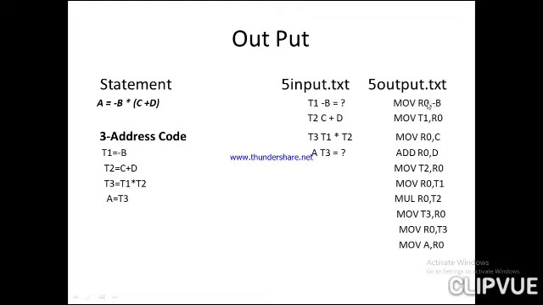So one has to be a register and the other has to be a memory location, the variable. That's why we have not written move T1 comma minus b directly, and these are the 2 instructions we have for this.